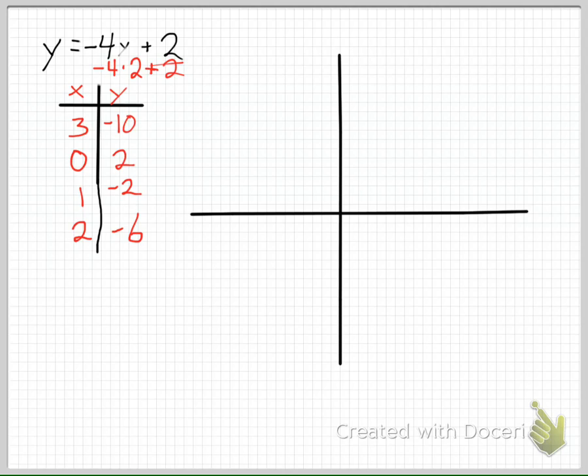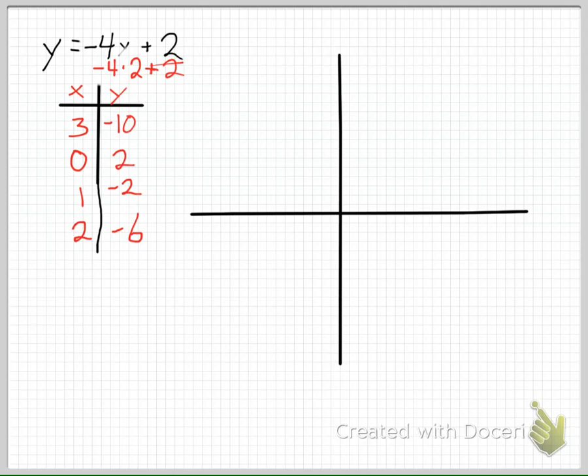So, your t-table is nothing more than a set of ordered pairs. This gives me 4 ordered pairs that solve this equation, right? And since this is a linear equation, what do we know about those 4 ordered pairs? Well, they are all solutions to that equation, but it's a linear equation. So what do you think is going to be true about our 4 ordered pairs? They're all on a line. Well, ordered pairs are just a point, but those 4 points should lie on the same line.